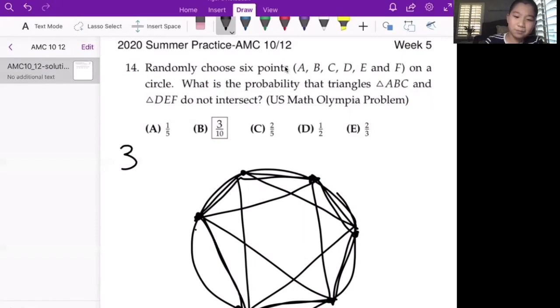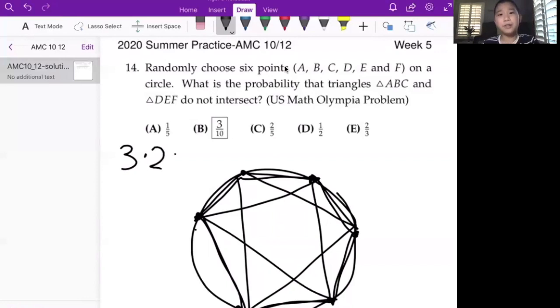And then we have to multiply that by how many ways there are to distribute A, B, C, D, E, and F. So there are 6 points, but we want to distribute A, B, and C on the same triangle. There are 2 triangles that we can choose for A, B, and C. So there are 2 choices.